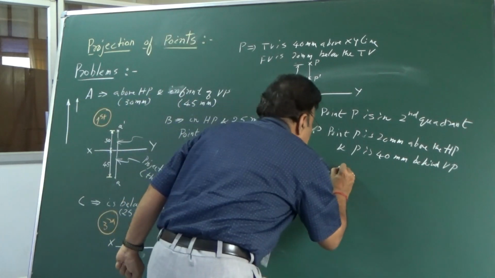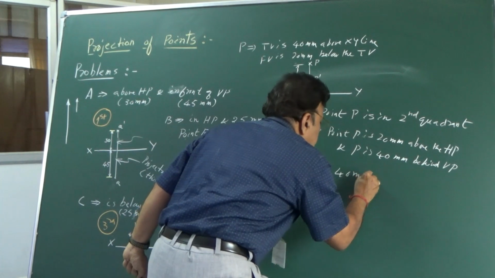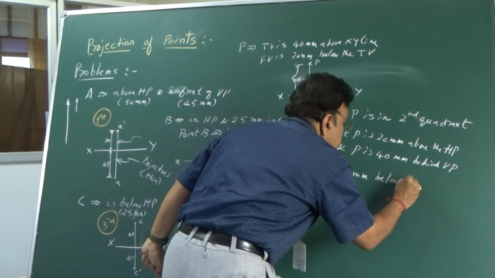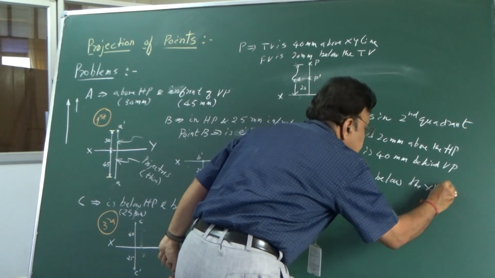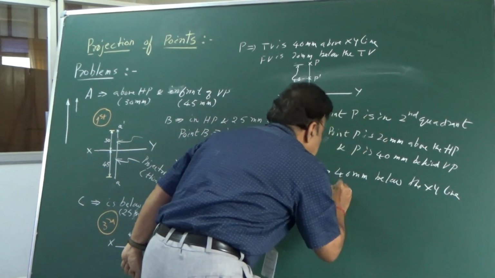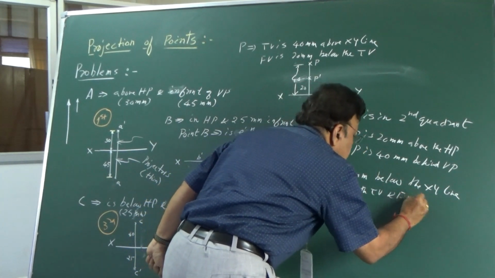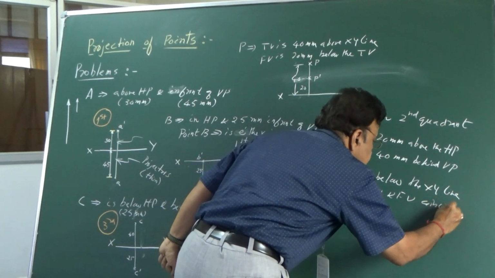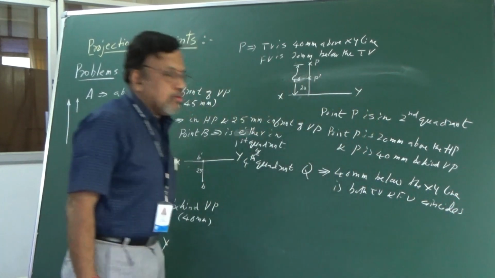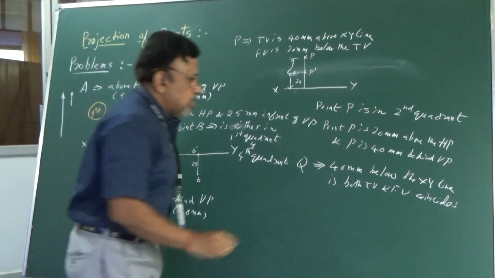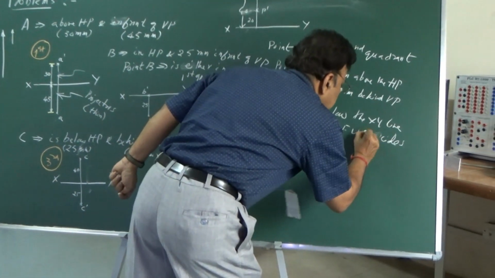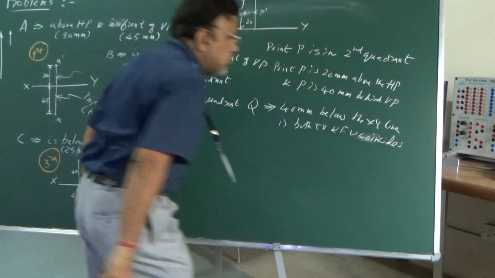So I have given that point Q is 40 mm below the XY line, and both top view and front view coincide. Tell me, what about this? I have written both views coincide.